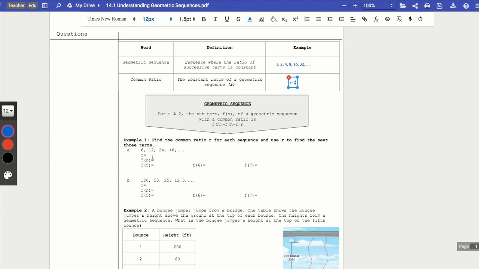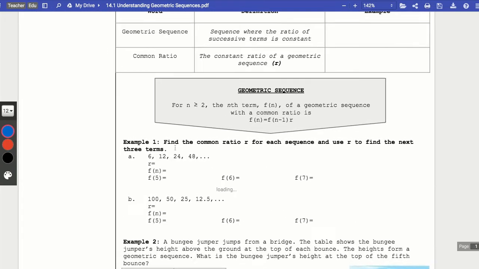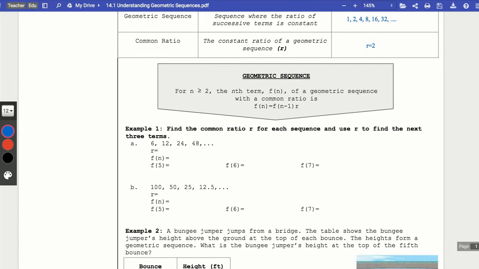So when I go to solve these problems, I'm just going to try to identify what the common ratio is, figure out what f of n is, and calculate f of 5, f of 6, and f of 7. So for this one right here, I have the sequence going 6, 12, 24, and 48.